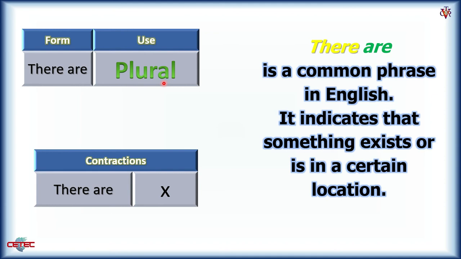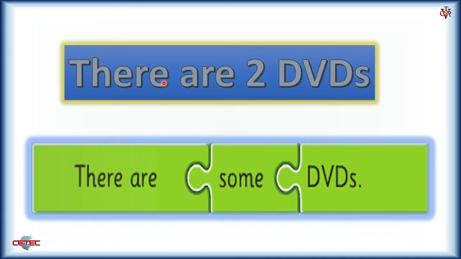Let's see one of the examples. There are 2 DVDs. Here, the word are, and here a number, it's clear that it's referring to more than 1 item, DVDs. There are some DVDs.